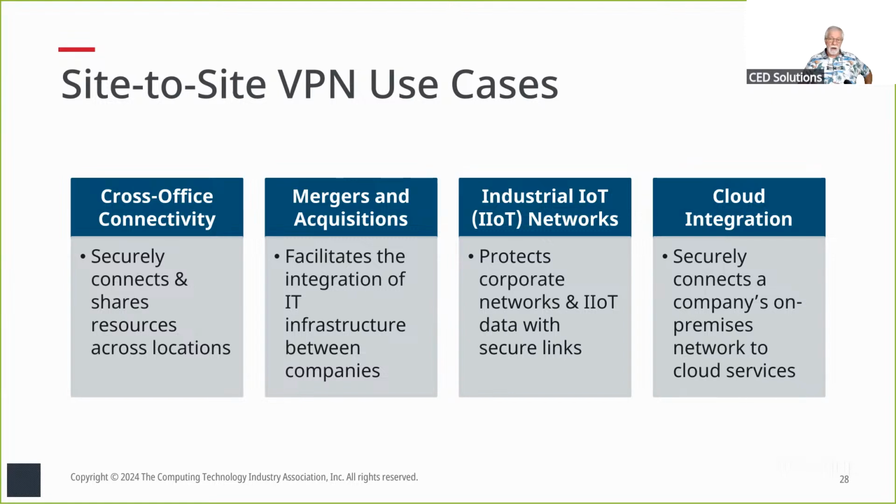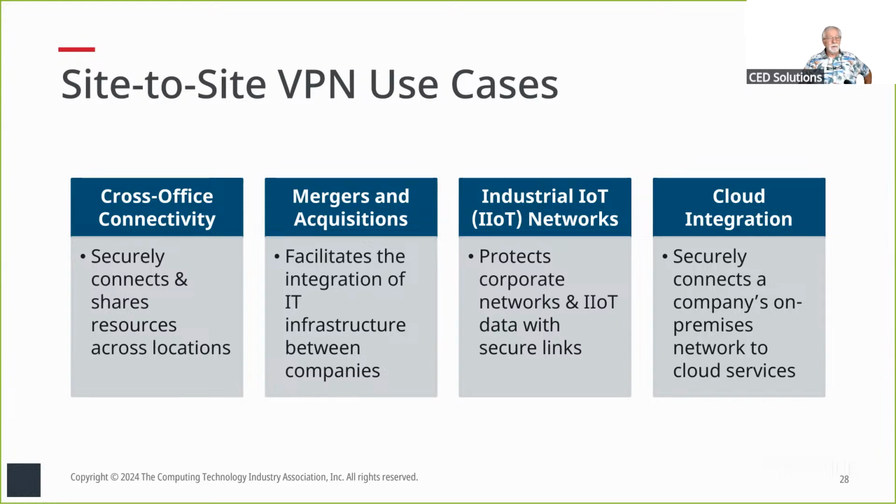More often than not, you have completely different technologies, a completely different approach and mindset on setting up the network. So a site-to-site VPN is a pretty darn secure way to initially at least set up connectivity between the home company and whatever company has been purchased and is being integrated into their environment.